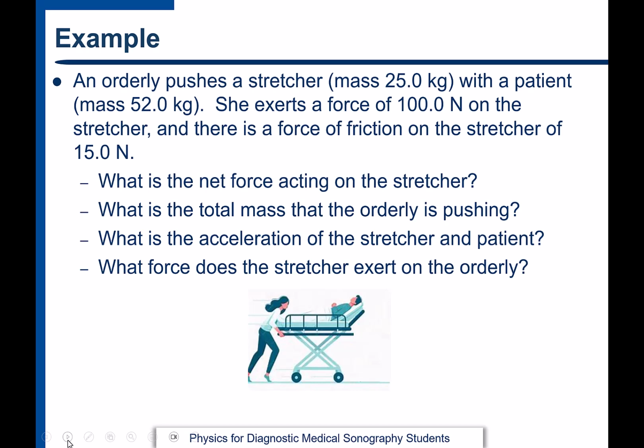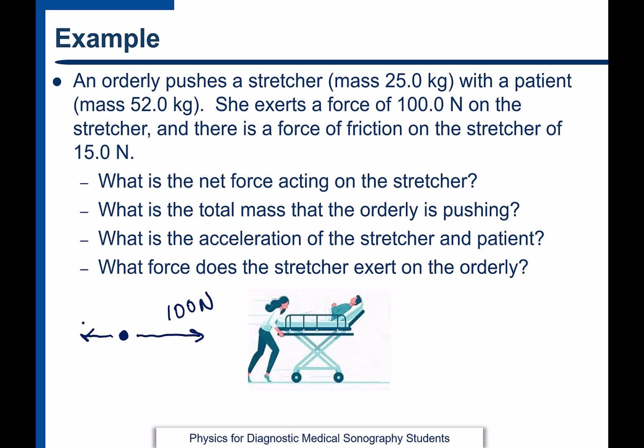So first, let's start with figuring out the net force on the stretcher. I'll just represent the stretcher here with a dot. And we can see the orderly is pushing that stretcher to the right with a force of 100 newtons. However, we've got friction. Friction always opposes the direction of motion.